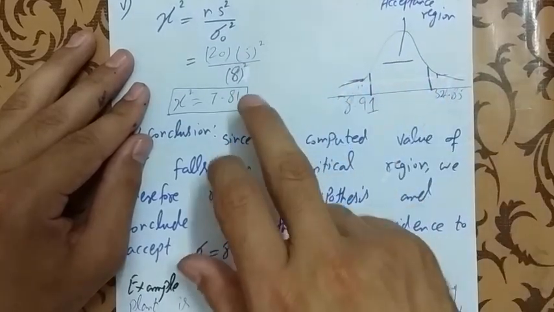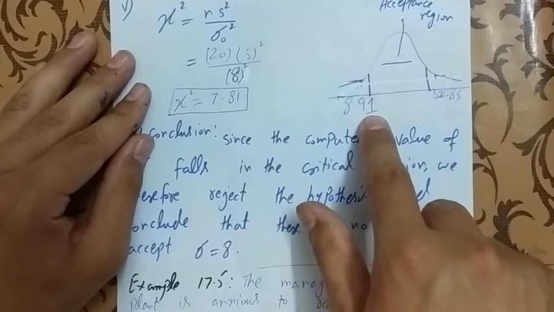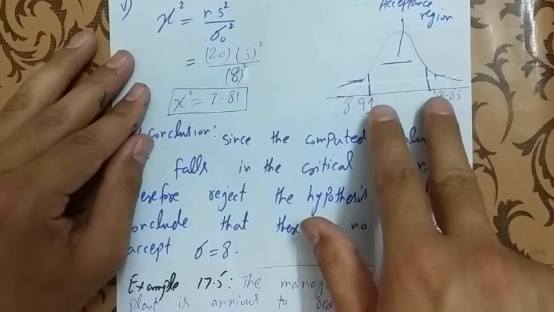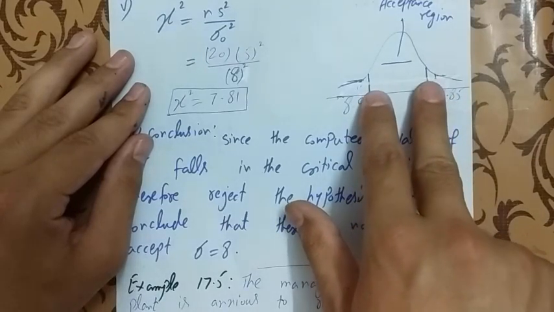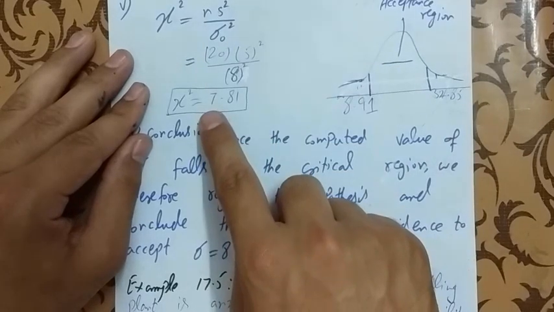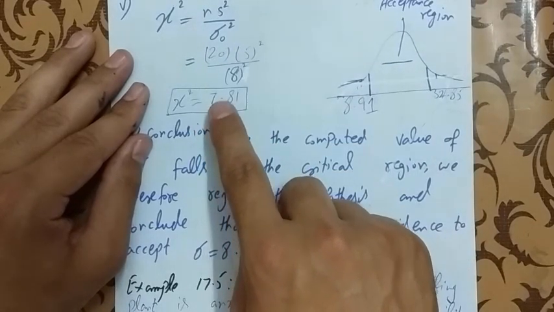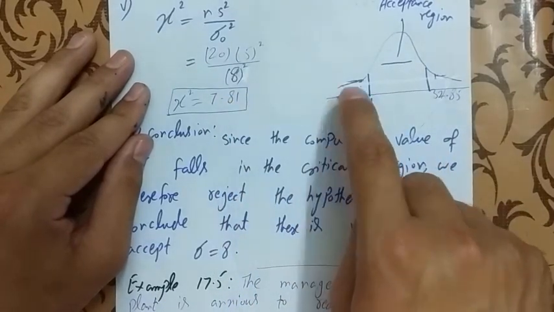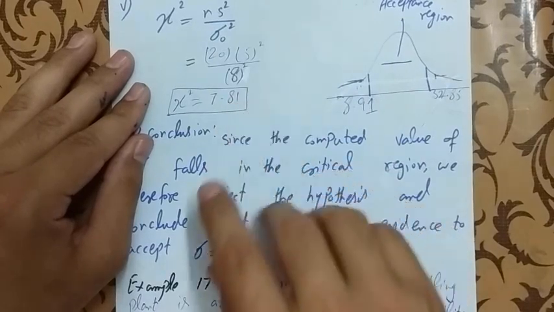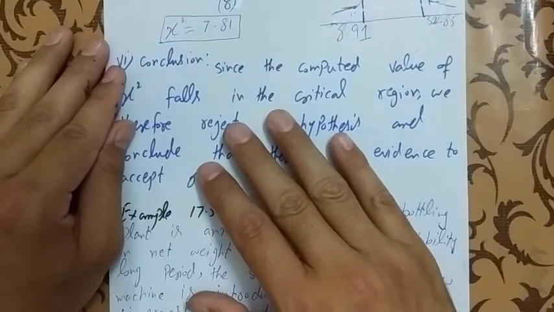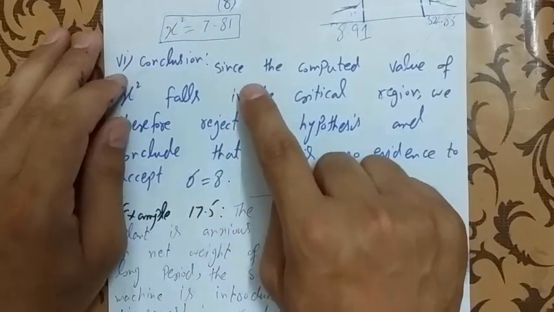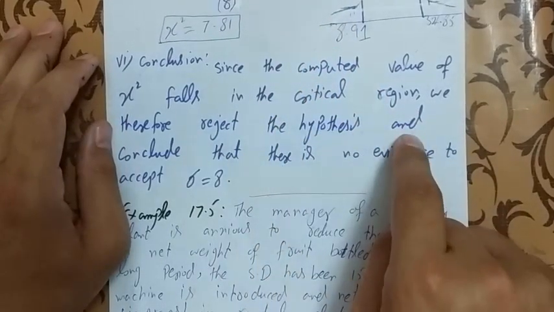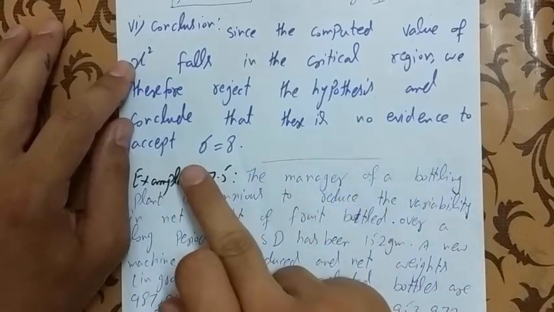If our answer lies between 8.91 and 32.85, then we say it is accepted, otherwise reject. And see, this chi-square 7.81 lies before 8.91. So we reject our null hypothesis. In conclusion, the computed value of the chi-square falls in the critical region, we therefore reject the hypothesis and conclude that there is no evidence to accept sigma is equal to 8.